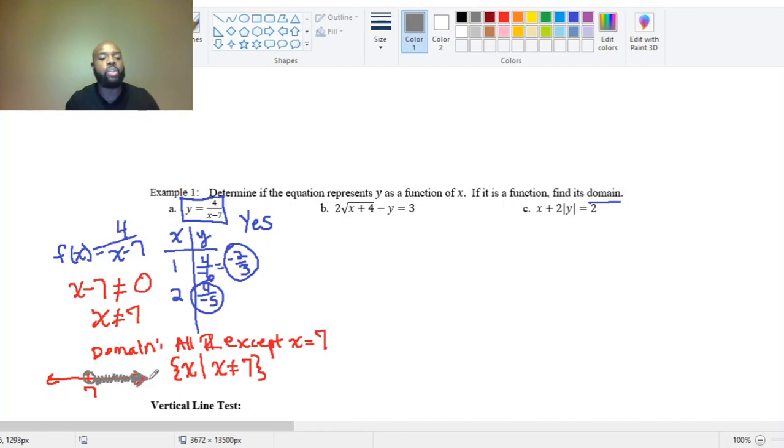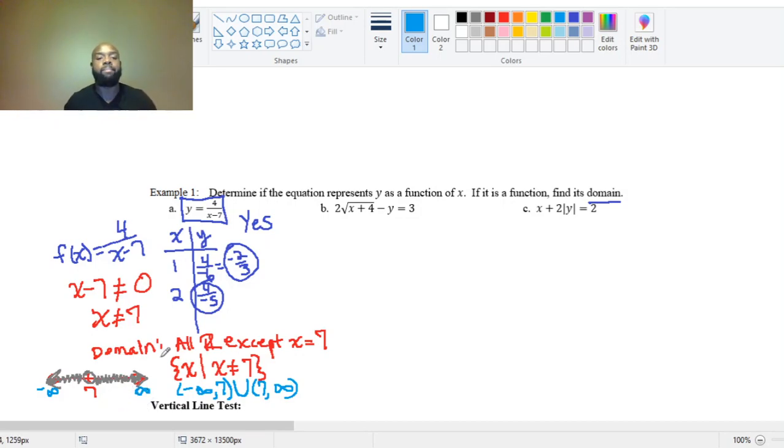So since I can use all real numbers except x equals 7, my domain is going to start with negative infinity, which is over here, up until I get to 7. I'm going to use a parenthesis. It's going to be a union symbol, and then I start back right after 7 and go to positive infinity, which is over here. That's interval notation.